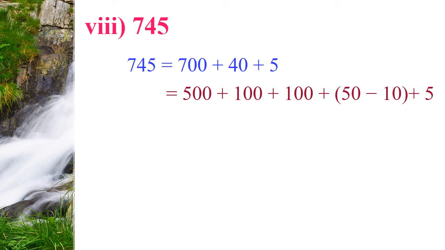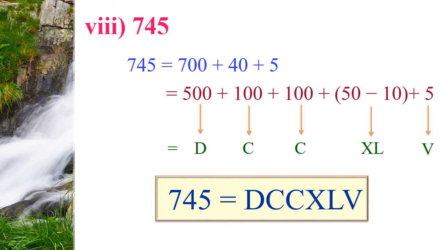So next insert the symbols. 500 represent D, 100 represent C, 50 minus 10 can be written as XL. Next 5 represent V. So finally we should write the symbols all together. So that is 745 equal to DCCXLV.